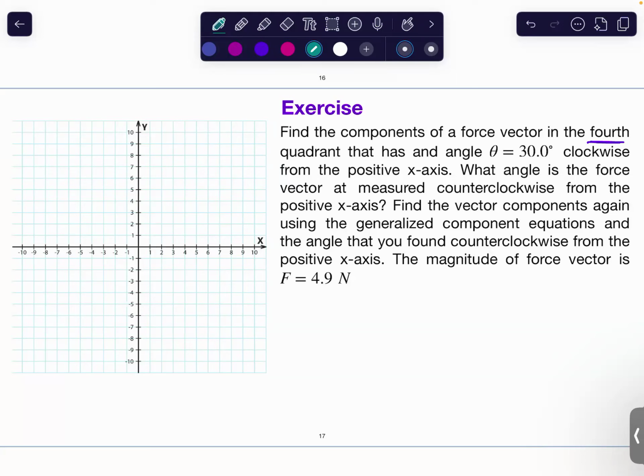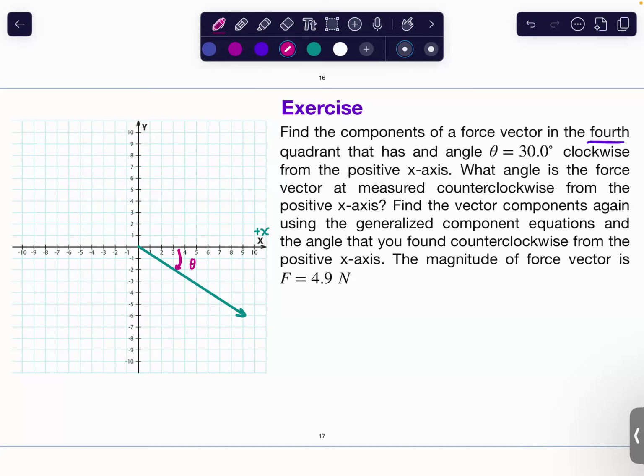The vector is located 30 degrees clockwise from the positive x-axis. So positive x, 30 degrees. I'm just going to try and draw this in here, about right there, and clockwise from the positive x-axis, going like that.